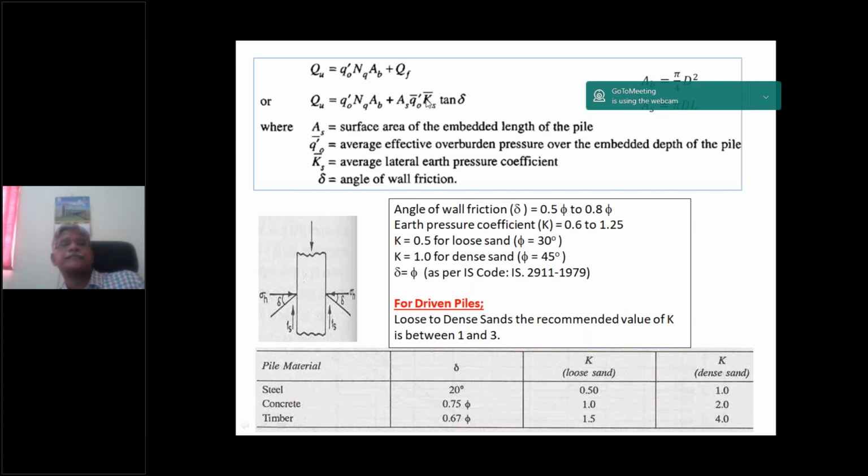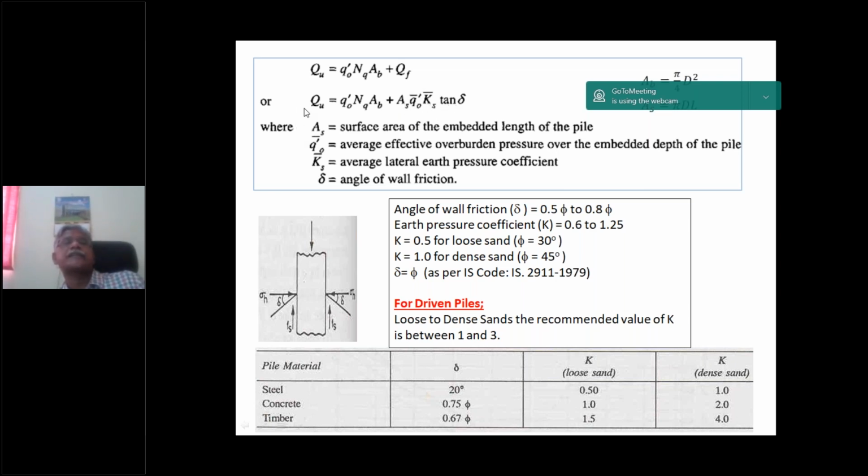By knowing all these parameters, you can easily estimate the ultimate resistance of a pile, especially as far as vertical loads are concerned. So Q0 dash Nq AB is due to point resistance, and AS Q0 dash Ks tan delta is due to the skin friction along the pile shaft.